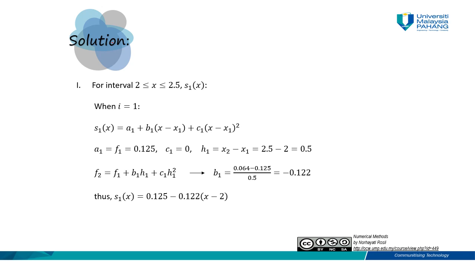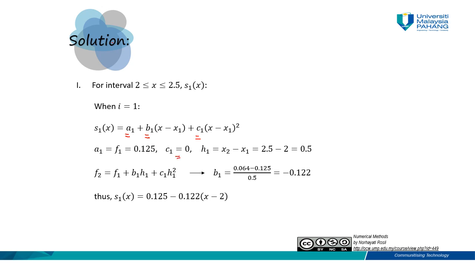Okay, for S1, S1 is equal to A1 plus B1(x minus x1) plus C1(x minus x1) square. So what are A1, B1 and C1? By using the formula given, A1 is equal to F1, so 0.125. For the first calculation, C1 always equals 0.